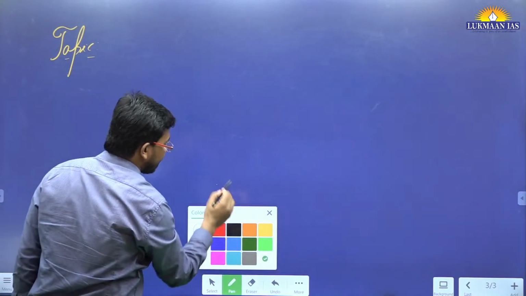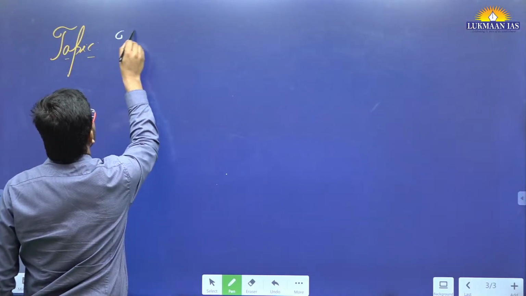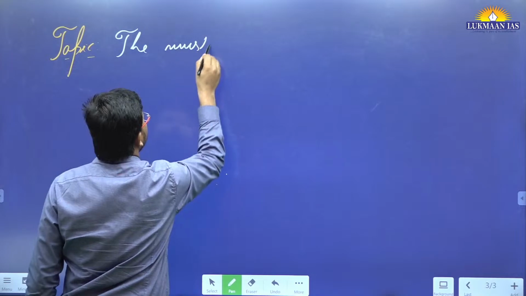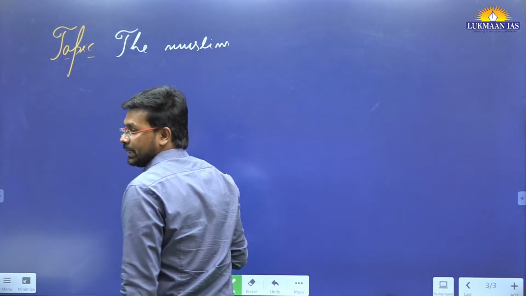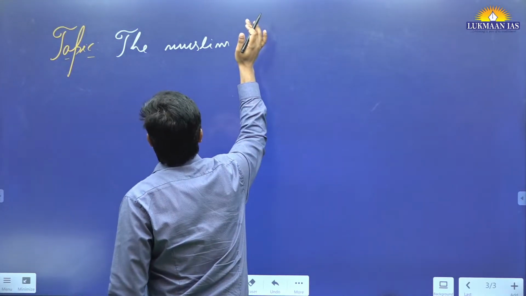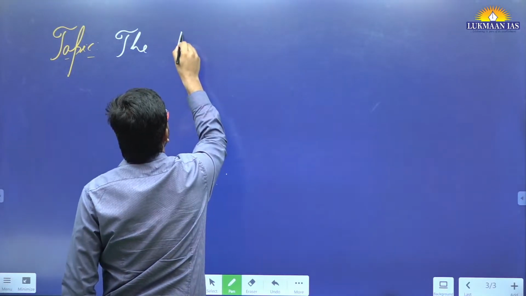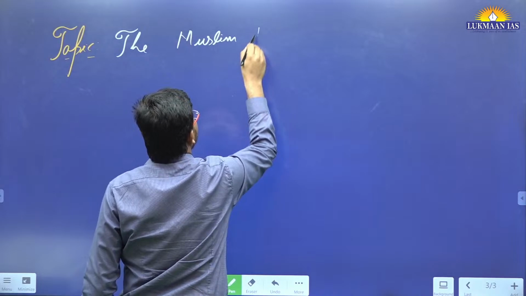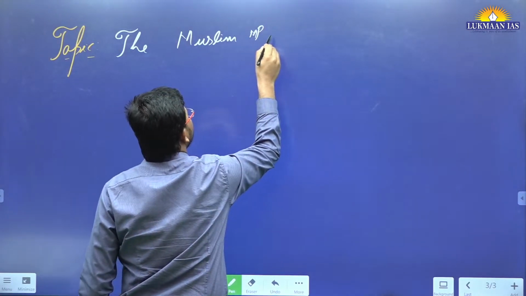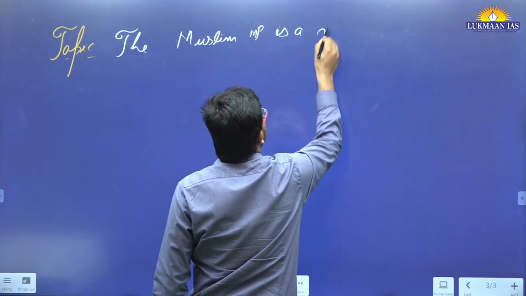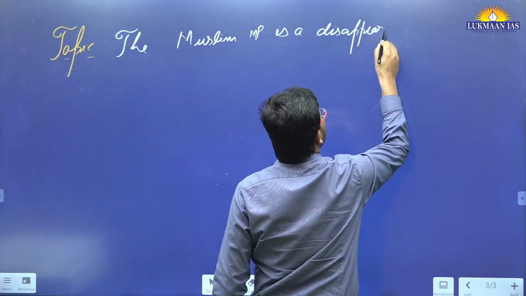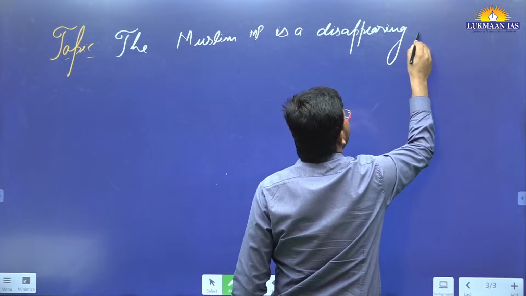Name of the topic is: the Muslim MP is a disappearing entity.